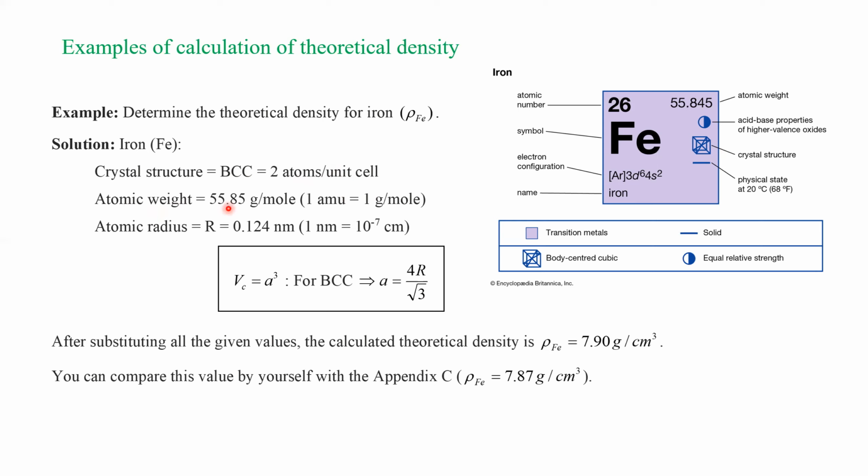Atomic weight, 55.85 grams per mole. Another thing we have to know is the atomic radius. I wrote this for you: 0.124 nanometer. For BCC, go back and review by yourself. First, you have to know the relationship between a, the lattice parameter, and R, the radius of the atom.